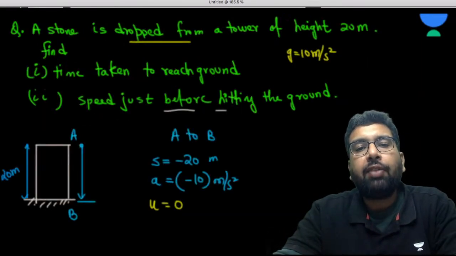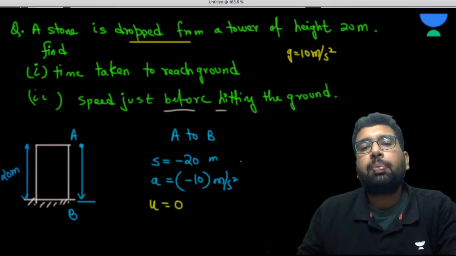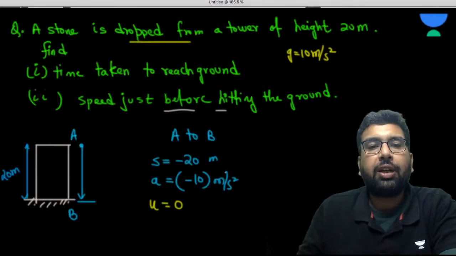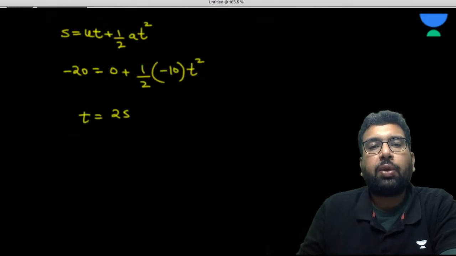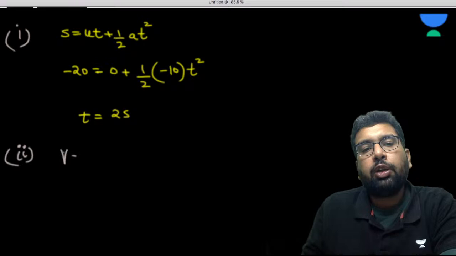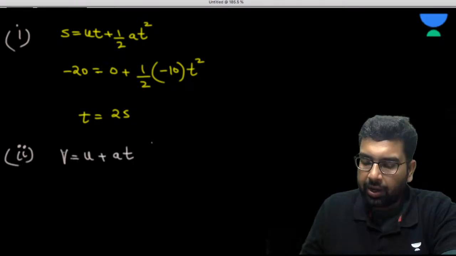Now again we'll consider A to B. Displacement is minus 20, so we need to find v. So this was the first part. Now the second part of the question: v is equal to u plus at, because time we already have calculated.